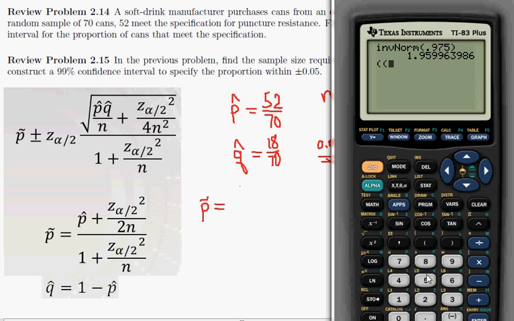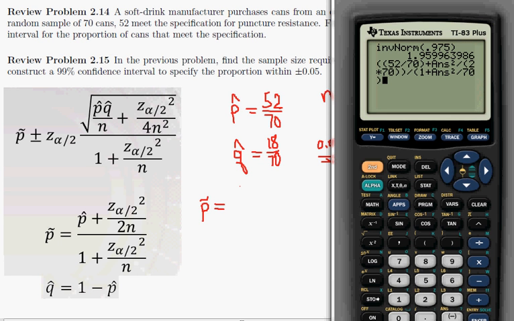We just have to type this in and be very careful that we don't mistype something. 52 divided by 70 plus the z value squared divided by 2 times n. So that parentheses closes the numerator, divided by 1 plus the z value squared divided by 70.